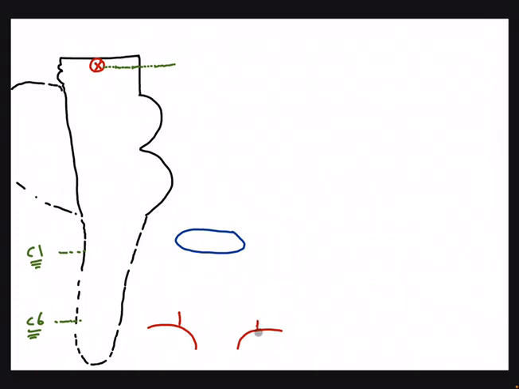These vertebral arteries take origin from the upper part of the subclavian arteries. Then they move through the transverse foramina from C6 up to C1 until they approach the foramen magnum.